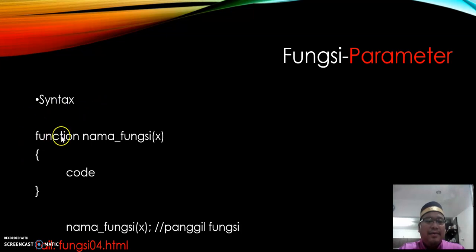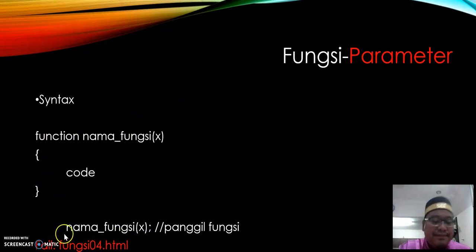You write function, then your function name, and then inside the parentheses, x basically refers to the parameter, depending on what value you send to this parameter. After that we go to the code.